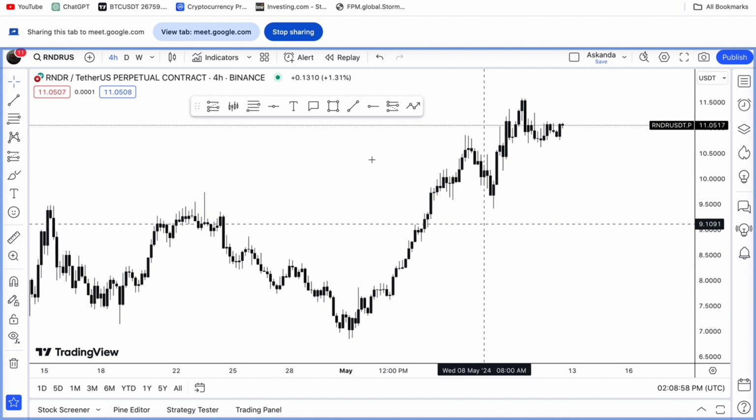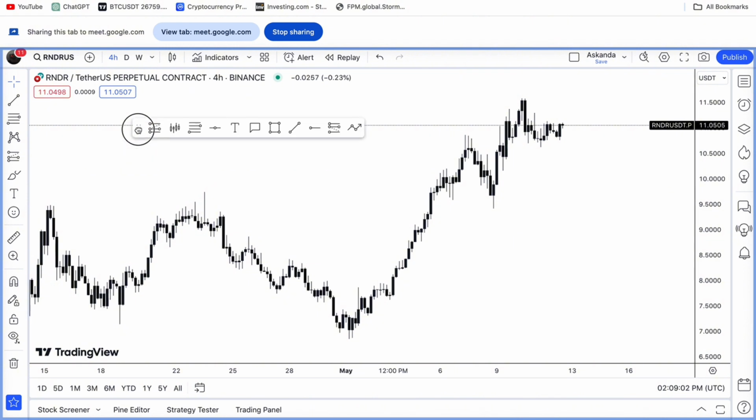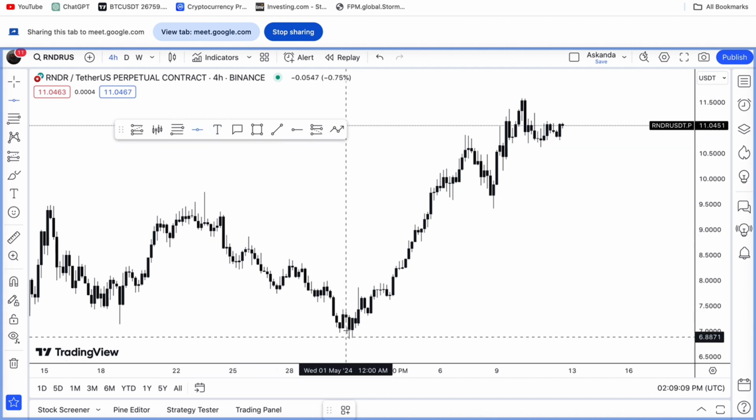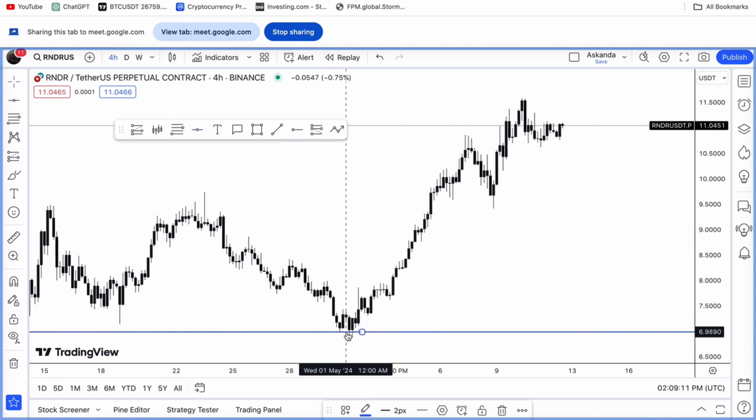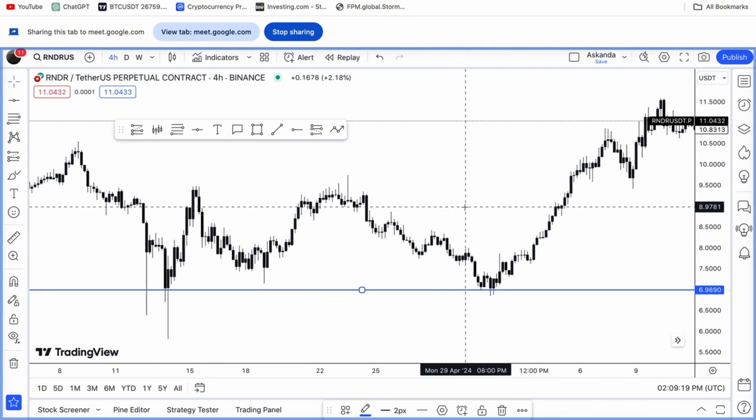Sorry, my friends. So what we are going to do next is draw our support and resistance zones. Just looking at this place, this is a major support level. Any time that I'm sending a trade, I usually remove the support levels so that no one will see them.